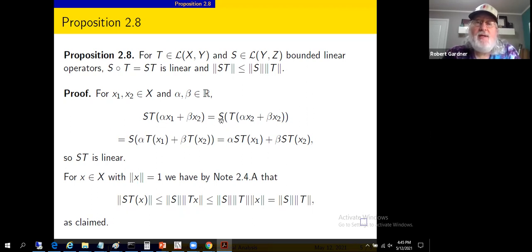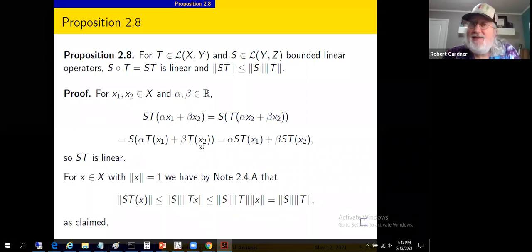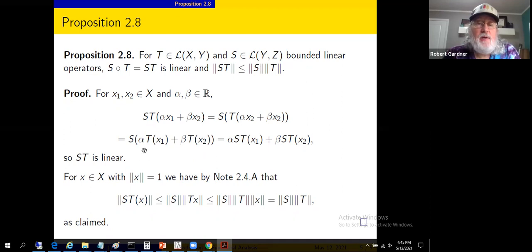That means take S of T applied to the linear combination. Well, T is linear. That's what this L right here means. So T of the linear combination is the linear combination of the T's, as I say it. Calculation-wise, we get this kind of thing. Not distribution, linearity property, definition of linear. Now we've got a linear combination of vectors again, and we're applying S to it.